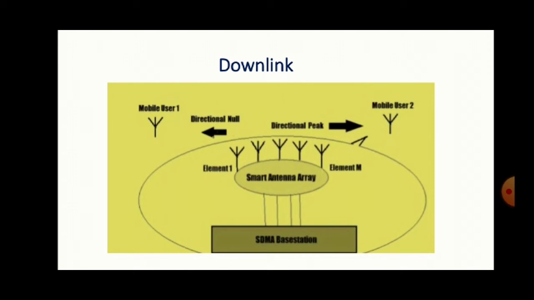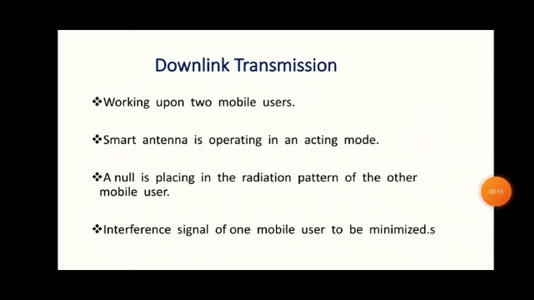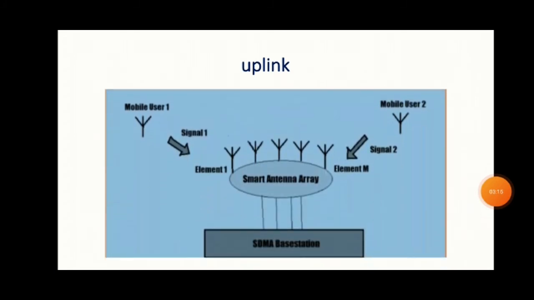The interference signal to one of the mobile users is minimized. In the uplink, the smart antenna array is operating in passive mode, and the electromagnetic signals induce a current on the array elements from the mobile users.